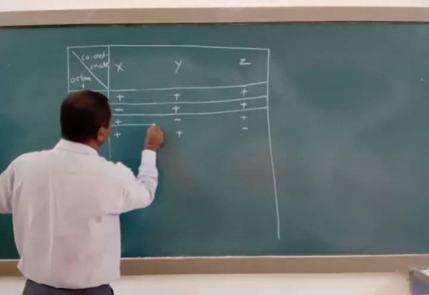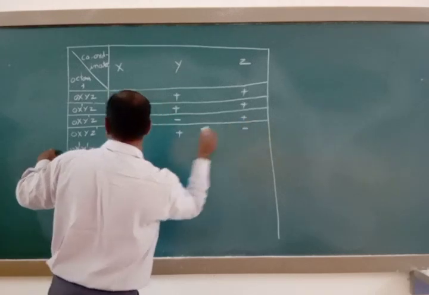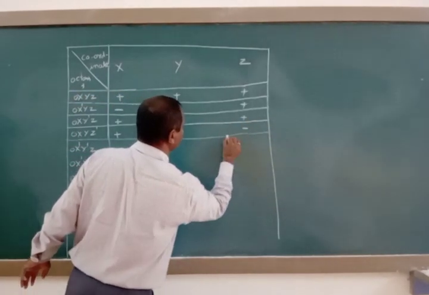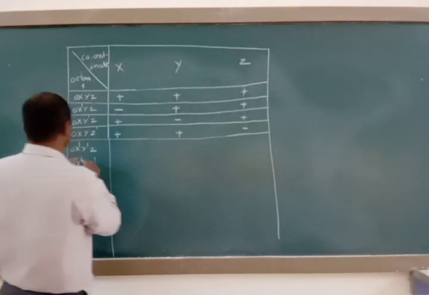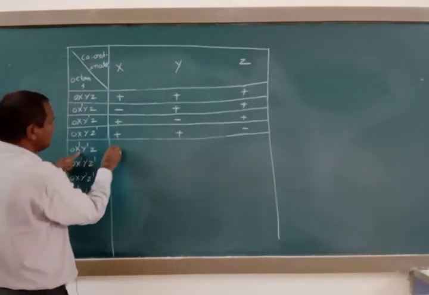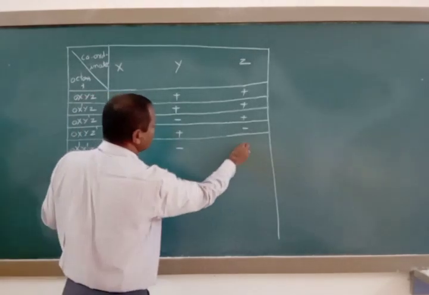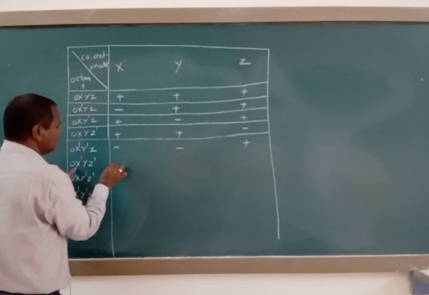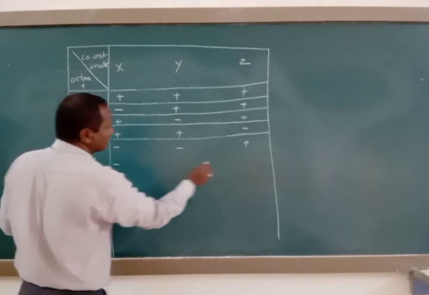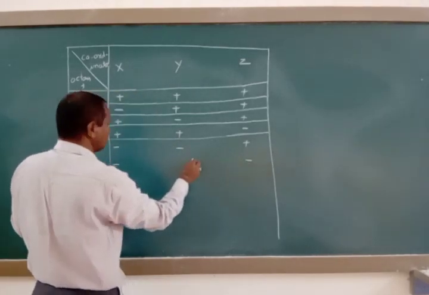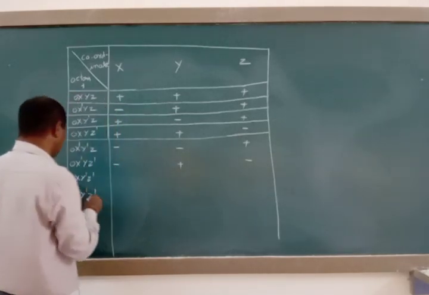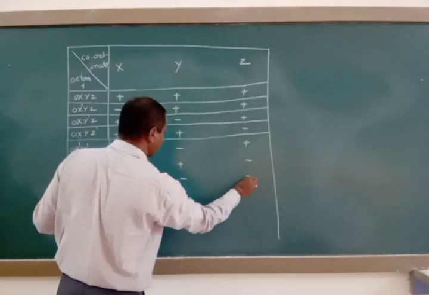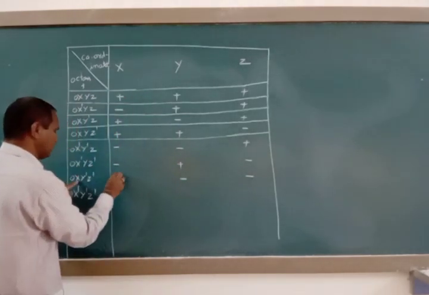Next octants: Ox'y'z, where the dash is there for x and y, they are negative and the remaining is positive. Ox'yz', where the dash is there for x and z, so x and z are negative but the middle, y, is positive. Oxy'z', where y and z are negative but there is no dash for x, so it is positive.